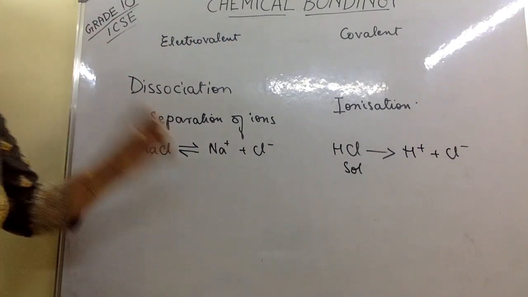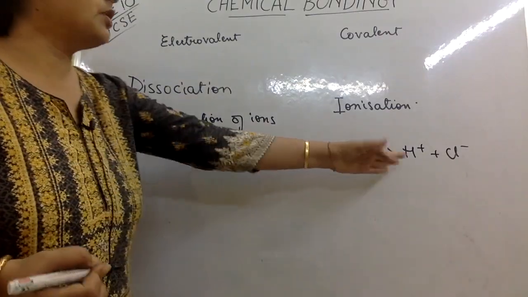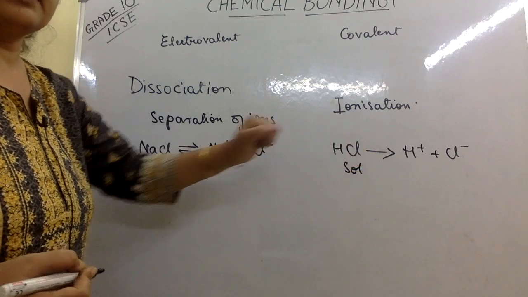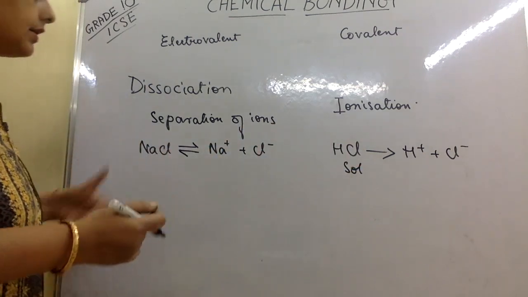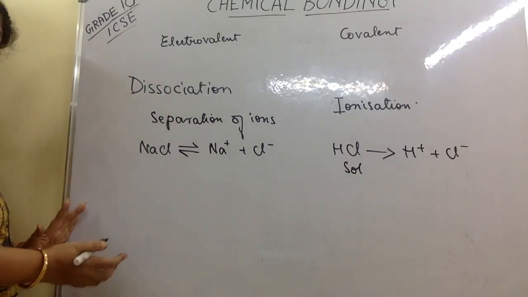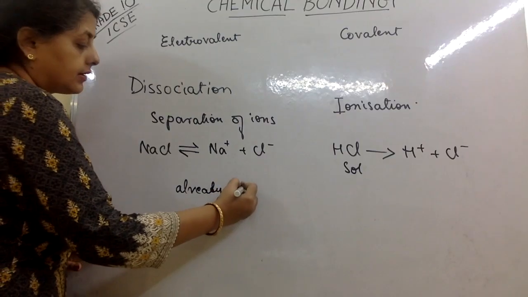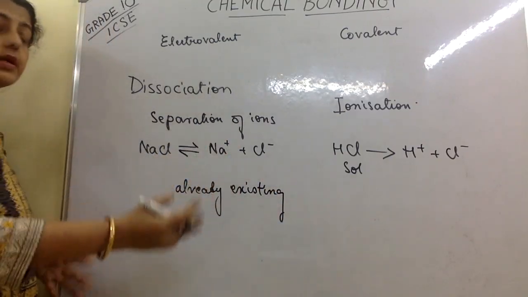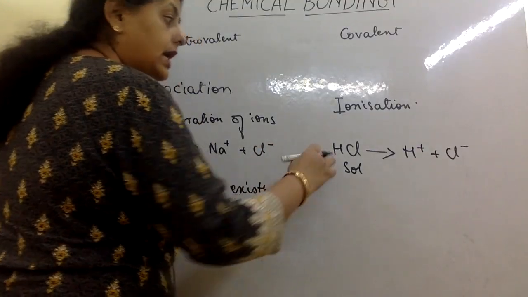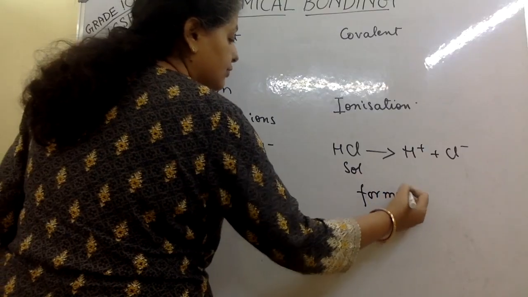Both of them have formed ions, and when this forms ions like that, it can conduct electricity. Here also it has formed ions, but the difference is, here ions were already there, already existing ions, they only separated. Here it was molecules, and because of mixing in water, ions were formed.